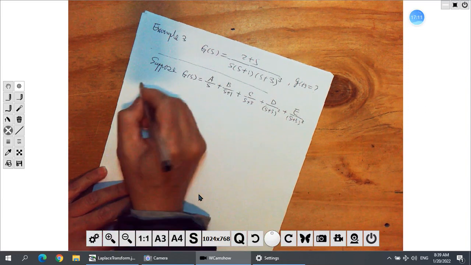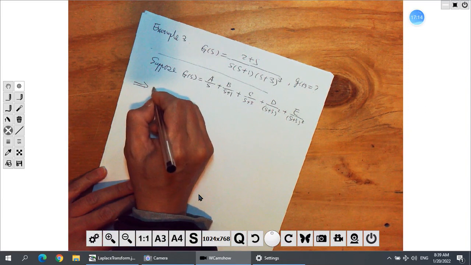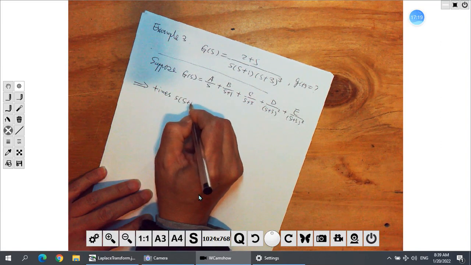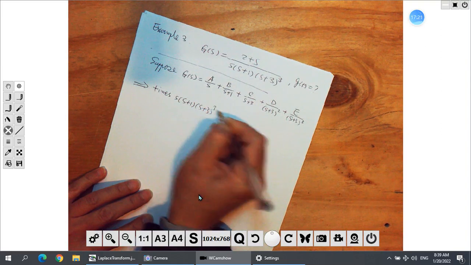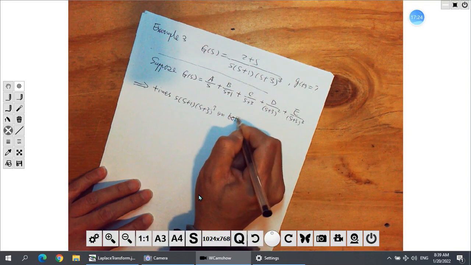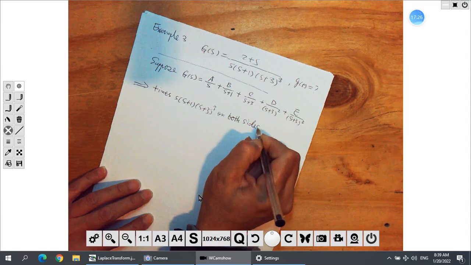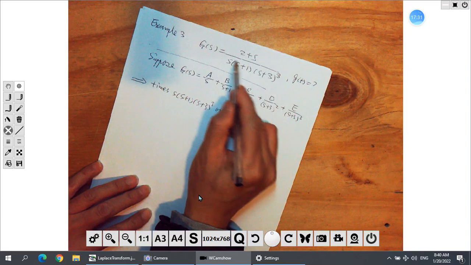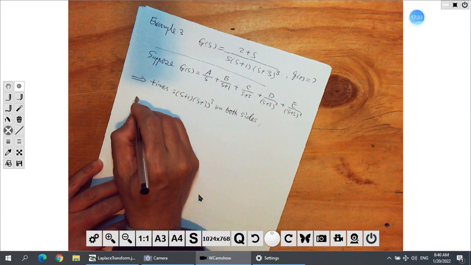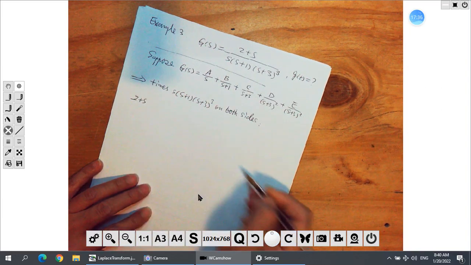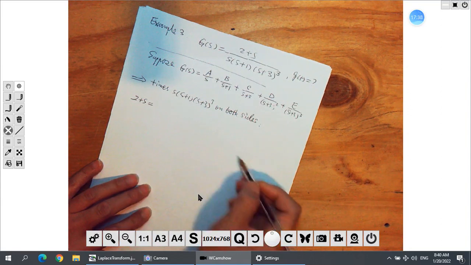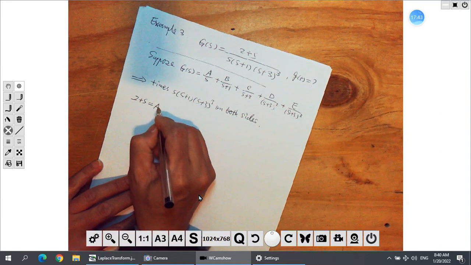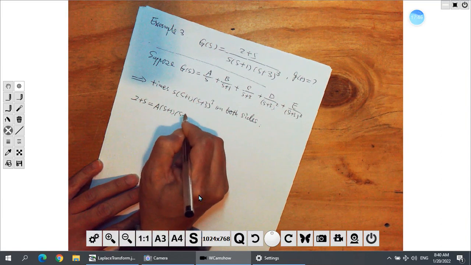Then multiply s, s plus 1, s plus 3 cubed on both sides. On this side, you multiply by the whole denominator and only the numerator is left. On the other side, the first term A gives A times (s plus 1)(s plus 3) cubed, since the s cancels.